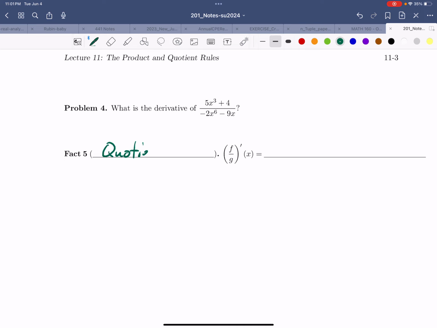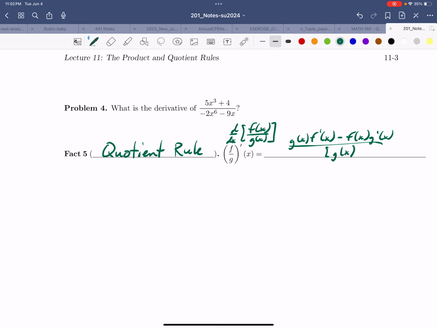So it turns out the derivative, and just to be clear, this is the derivative of f of x over g of x, is going to be low d high minus high d low, all over low squared.